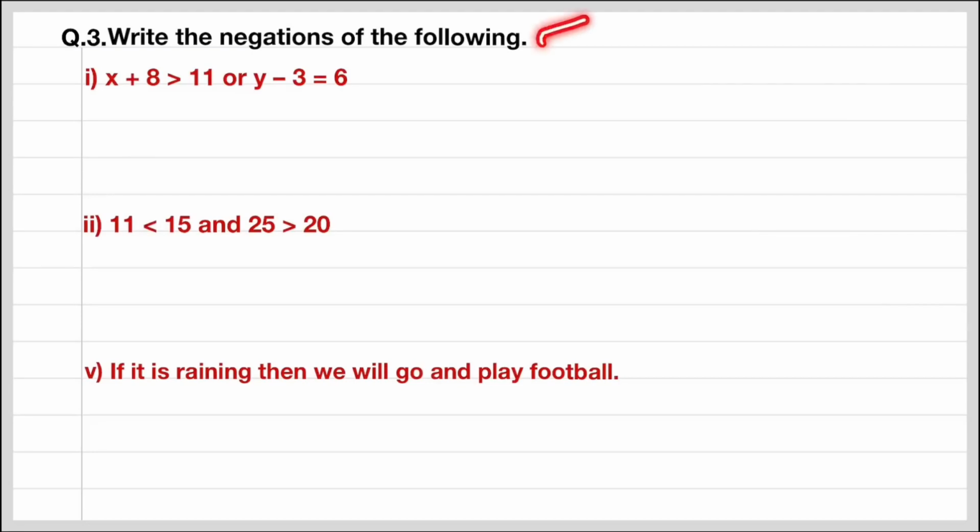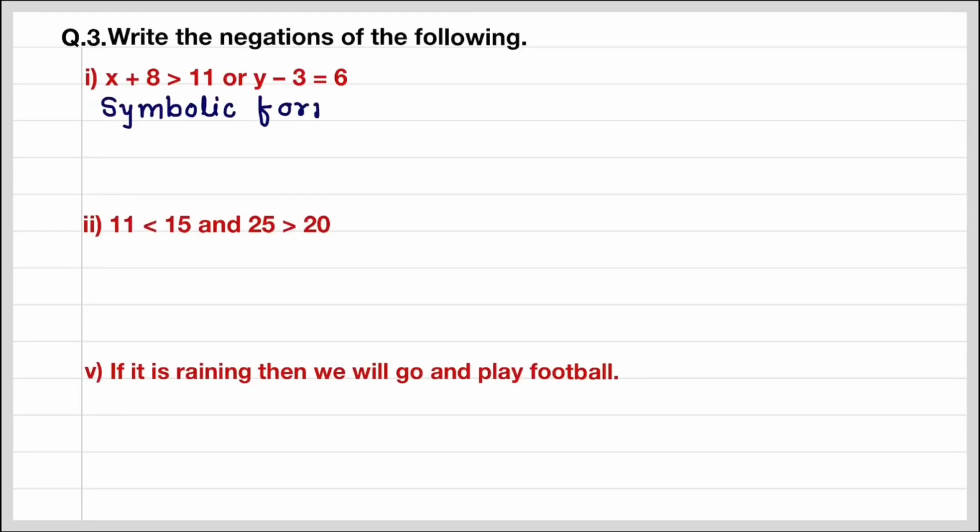Now question number 3. Write the negation of the following statements. We have seen rules for negation. First example, x plus 8 is greater than 11 or y minus 3 is equal to 6. Here the logical connective used is OR.